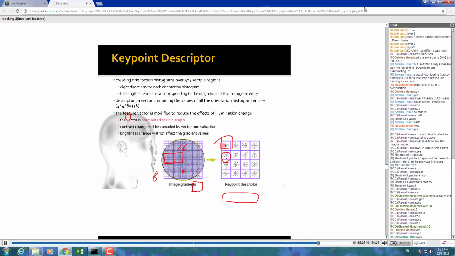In this paper, they are actually using 8 bins for this histogram. It means we are dividing the angle into 8 regions, 8 periods.